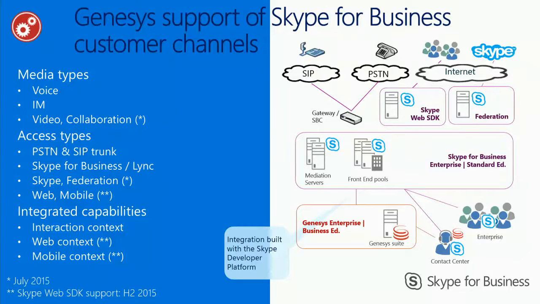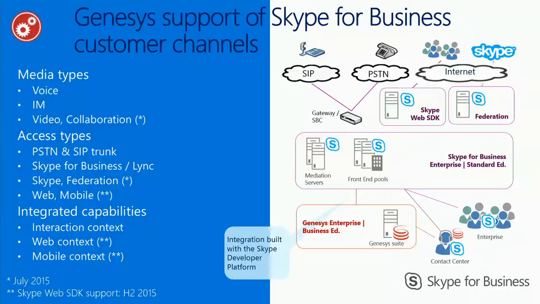Now, Genesys integrates with Skype for Business through the Skype developer platform. And the Genesys suite takes the call, routes it to the most suitable or available agent by location or by skill, whatever.